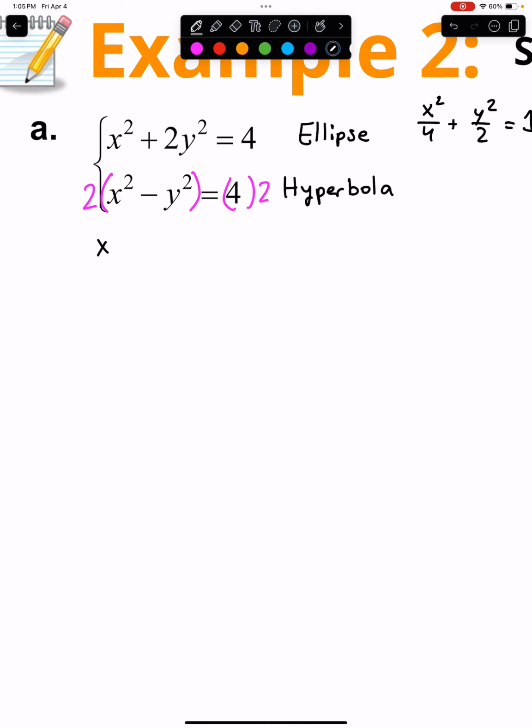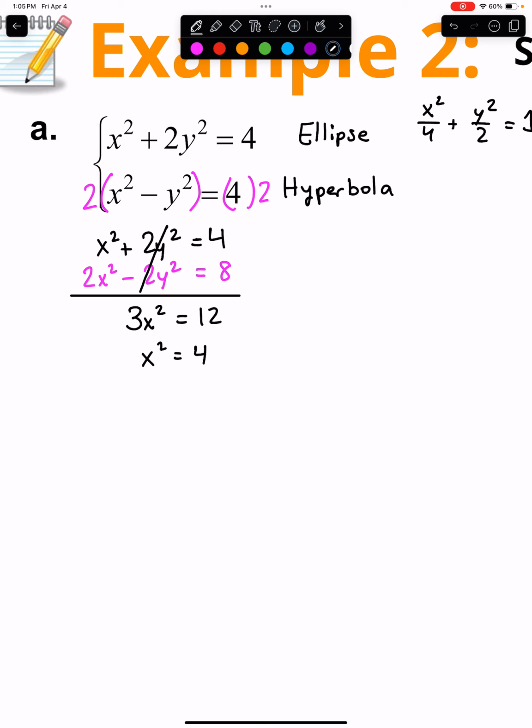So if we do this method, x squared plus 2y squared equals 4, and then 2x squared minus 2y squared is equal to 8. When they cancel, my 2y squareds completely cancel. I end up with 3x squared equals 12, so x squared is equal to 4, so x is equal to plus or minus 2.